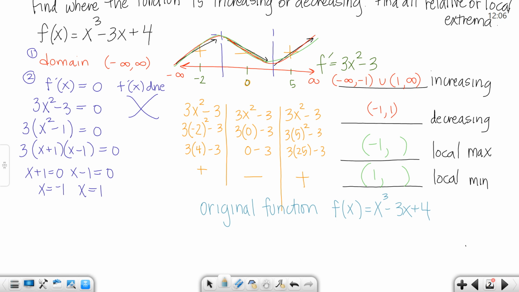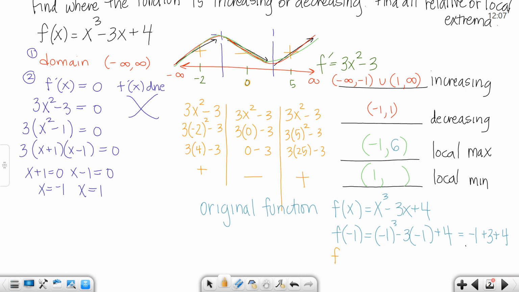So my first function was f of negative 1. If I plug in negative 1, I get negative 1 cubed minus 3 times negative 1 plus 4. So that's negative 1 plus 3 plus 4. So I think that should give me the value 6. So negative 1, 6 would be a max.